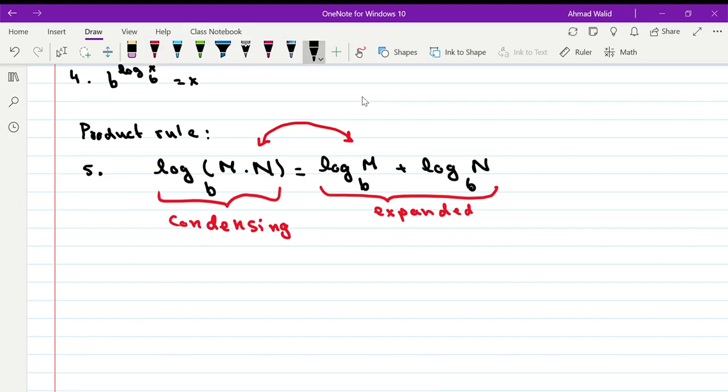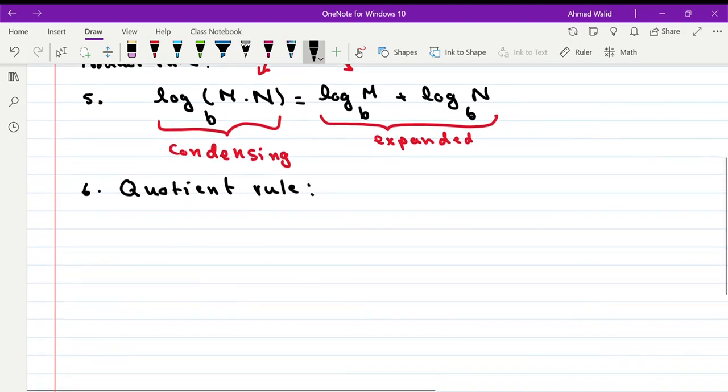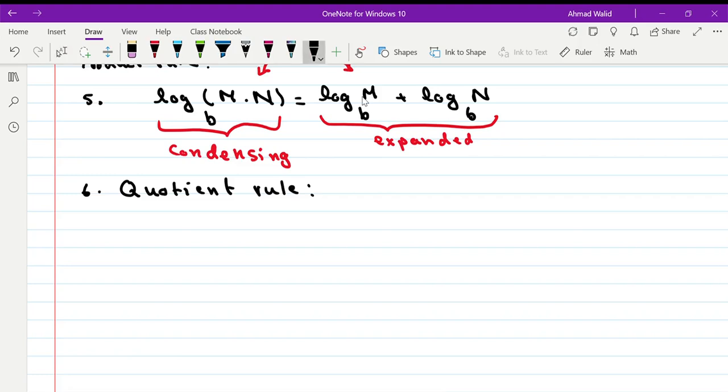Rule number 6 is your quotient rule, correct? It's basically the same as the product rule, but the sign will be negative. If you have log of m over n base b, you can rewrite it in expanded form as log of m base b minus log of n base b.